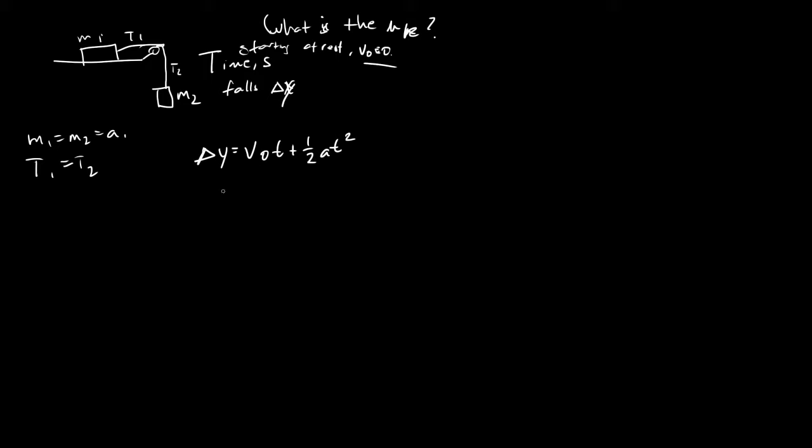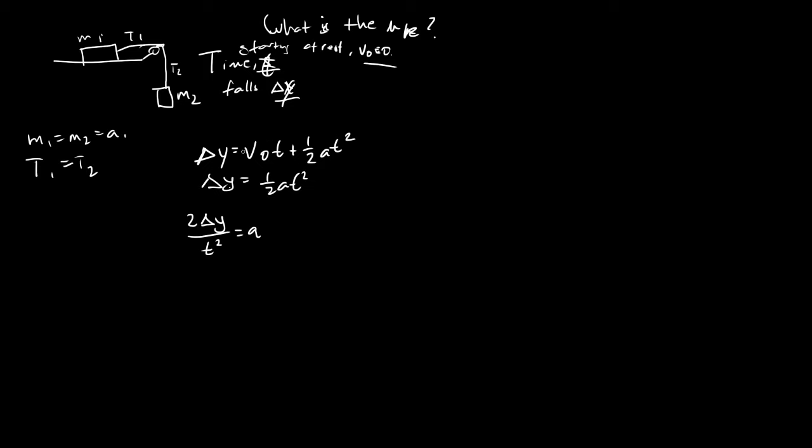Since v naught is 0, the final equation is only 1/2 a t squared. You're given some time in seconds, which is t, and you're finding acceleration. So you're going to get 2 times change in y, divided by t squared, equals acceleration.